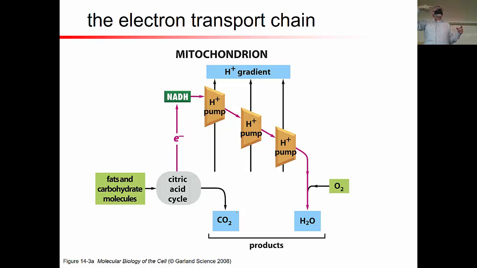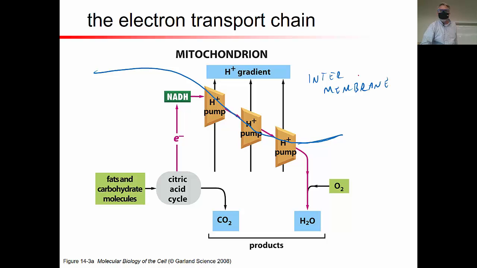And what those little windmills are doing is they're pumping protons across, from the matrix into the intermembrane space.